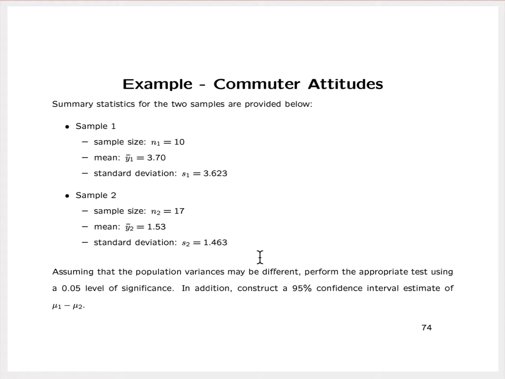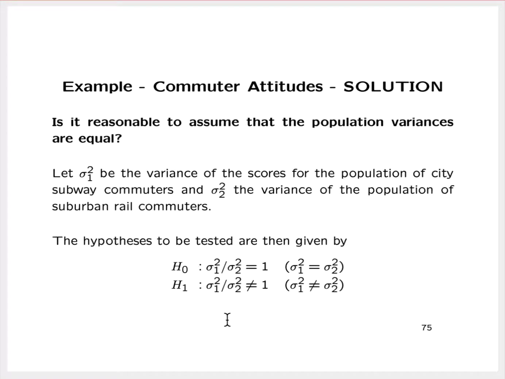And we're going to do that test at a 0.05 level of significance. In addition, we're going to construct a 95% two-sided confidence interval for the difference in the population means. And so, actually, I see here that I am doing the comparison of the population variances.